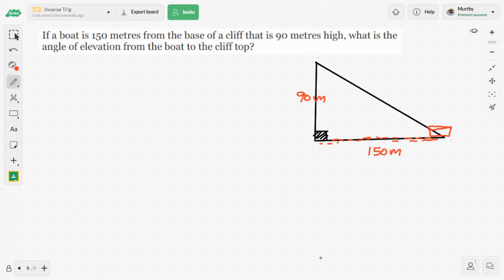So the question is, what is the angle of elevation of the cliff? So this is x degrees. I know that this is the opposite side and this one is the adjacent side. Already we discussed this kind of question, so I prefer to skip this one and take another question of this kind. If you are interested, you can do this one on your own. So let me skip this one and go to the next one.